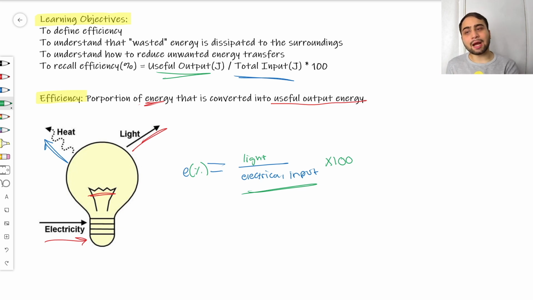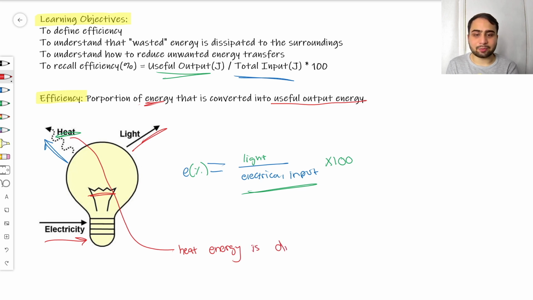Now, what actually happens to the useless energy, you could say, or rather the wasted energy? Now, from our law of conservation of energy, we know that energy can be neither created nor destroyed. So this heat energy that's given off, it doesn't just disappear. No, what happens is a very specific terminology that you need to start using is that heat, or whatever sort of wasted energy, is dissipated into the surroundings.